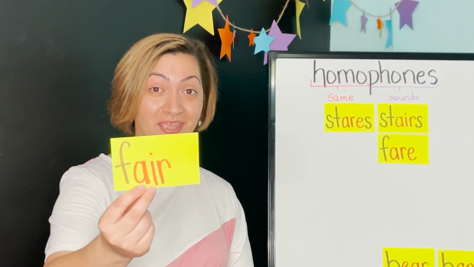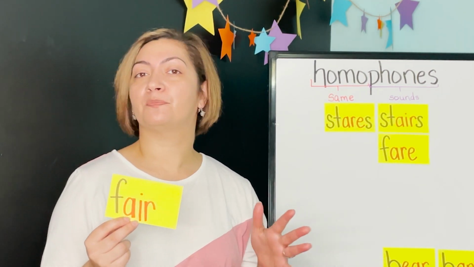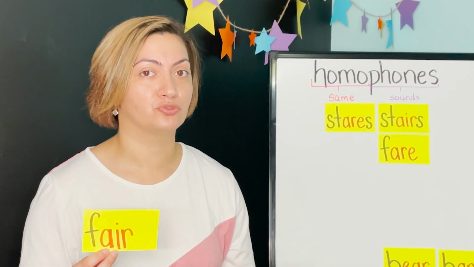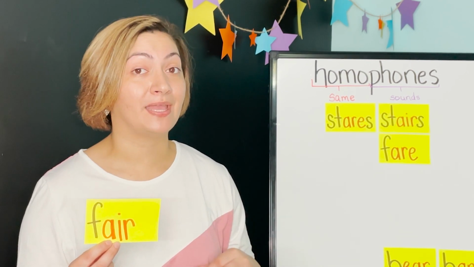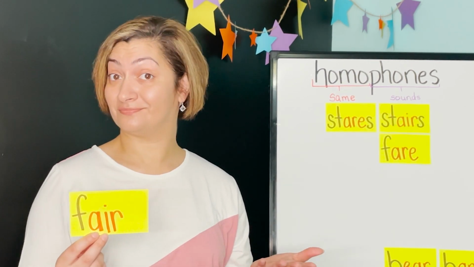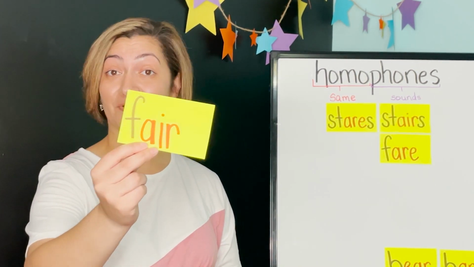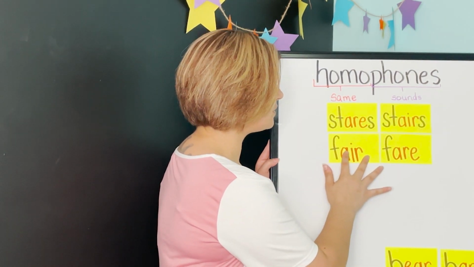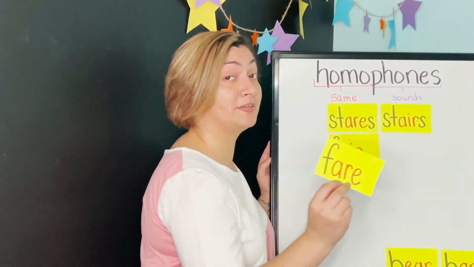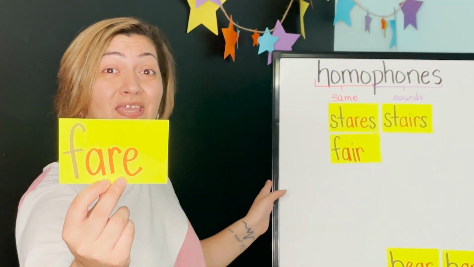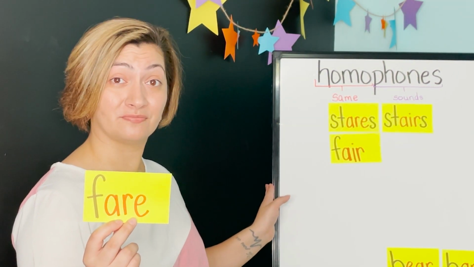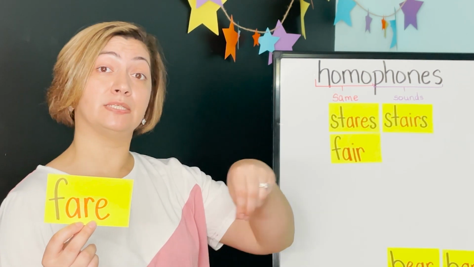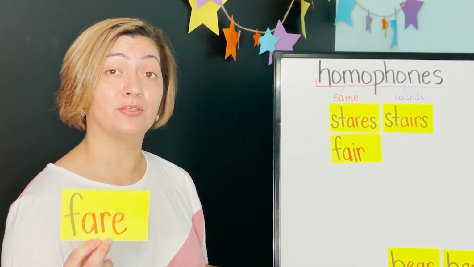Yes, that's a fair. Or if you're playing a game and you have rules so that the game could be played fair. Two different meanings for that one, spelled the same. Or there's a new word, fare, that's spelled differently. And this is like if you have your bus fare. Like when you pay money to get on the bus to ride, that is called your bus fare.